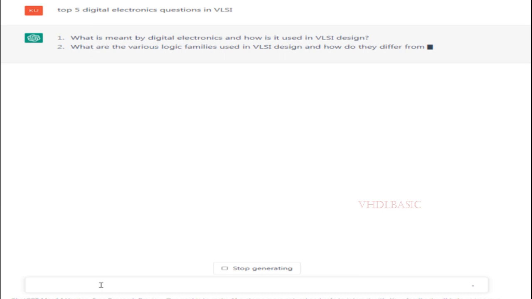Next one, MSI, medium scale integration. MSI is a logic family that combines TTL and MSI technologies. It is commonly used in applications that require complex logic functions such as in microprocessors and memory circuits.